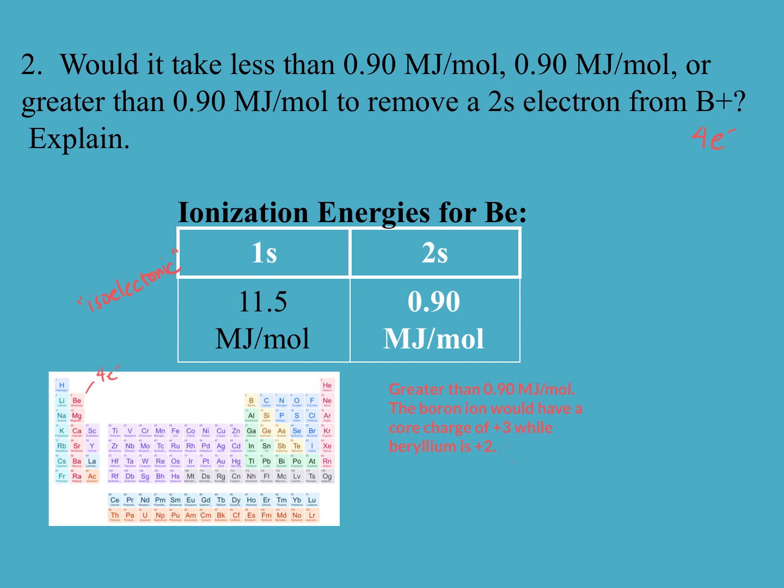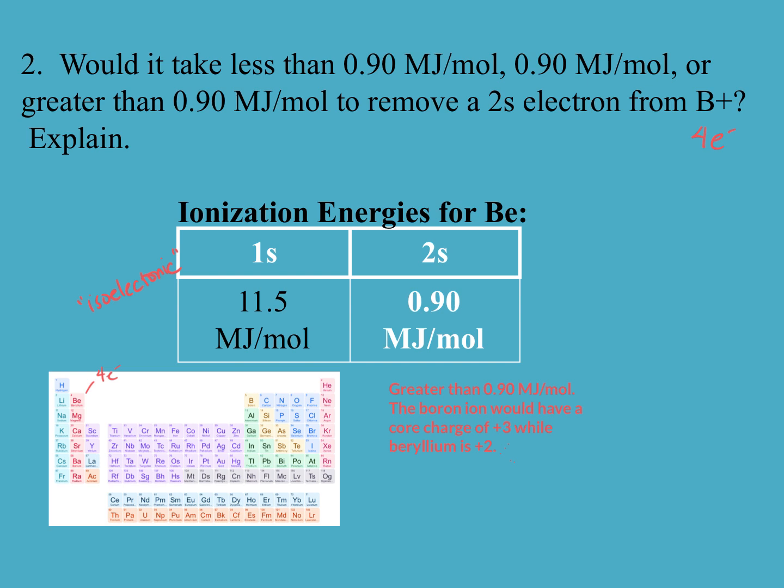And so in this case, you want to reference Coulombic attraction as always. The distance between the nucleus and the 2s energy level is approximately the same, but the boron ion has a core charge of +3, while the beryllium atom has a core charge of +2.